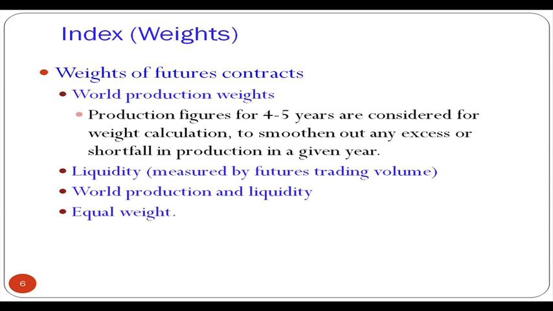Now the second weight which can be considered is liquidity. Many times, consideration of world production alone as a weight can lead to a distorted value of a futures contract. For example, let's say gold production will be around some X number of tons.